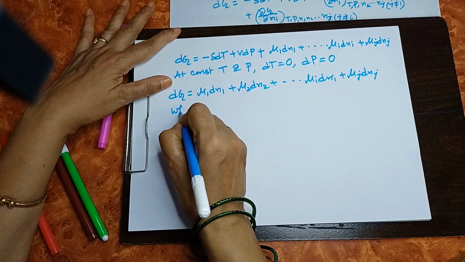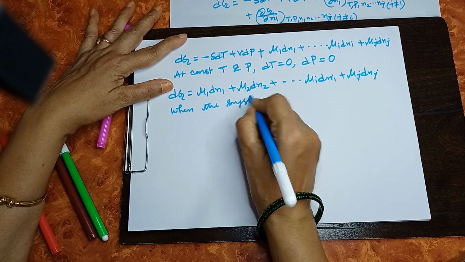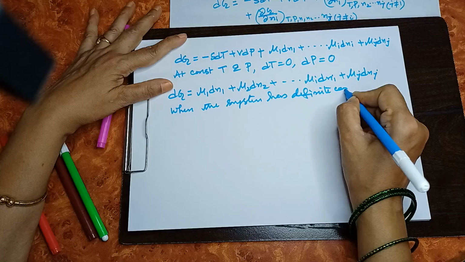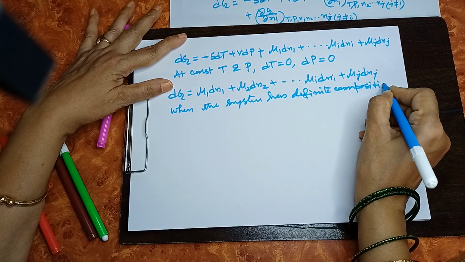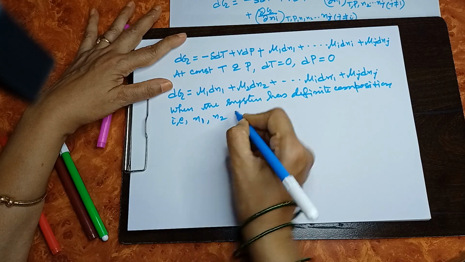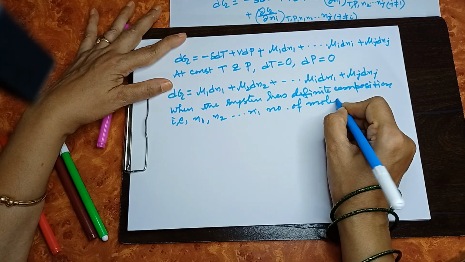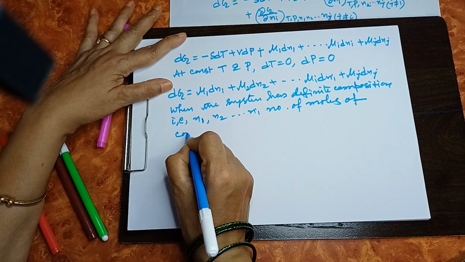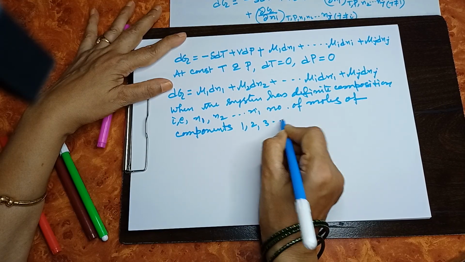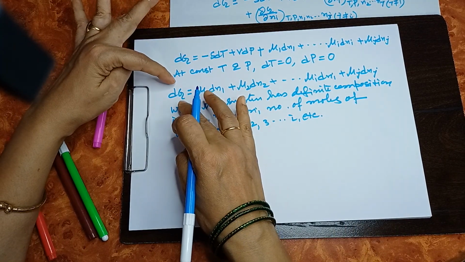Now, when the system has, as I told you earlier, a definite composition, that is, N1, N2, Ni, the number of moles of components 1, 2, 3, i, etc., then it is the exact function.